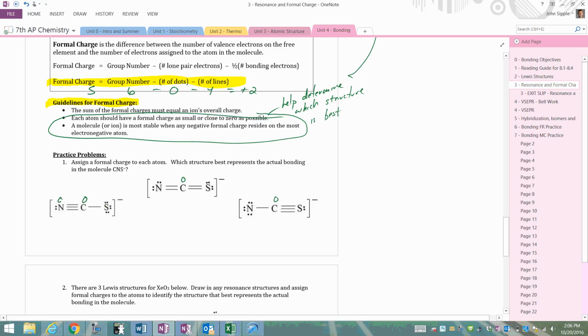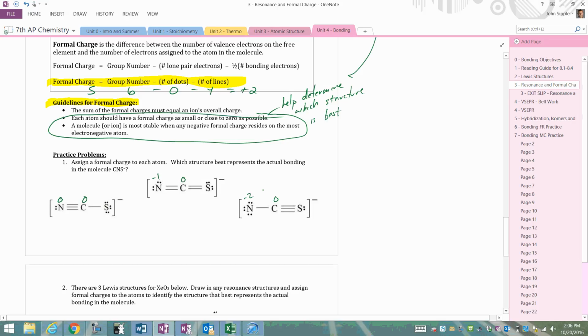Then 5 minus 4, minus 2, negative 1. And this one is 5 minus 6, that's minus 1, minus another 1, so that's negative 2.